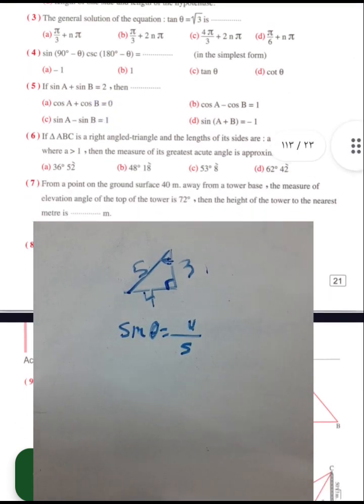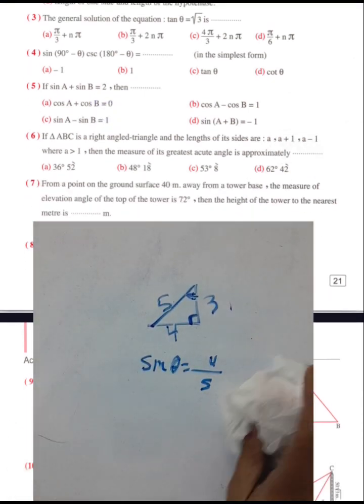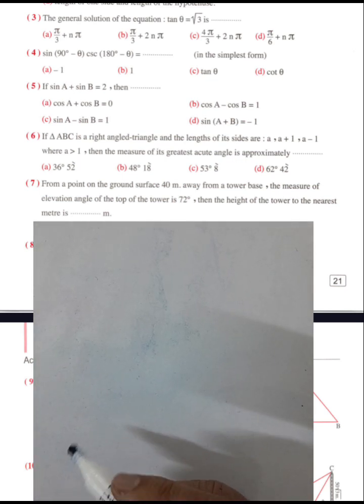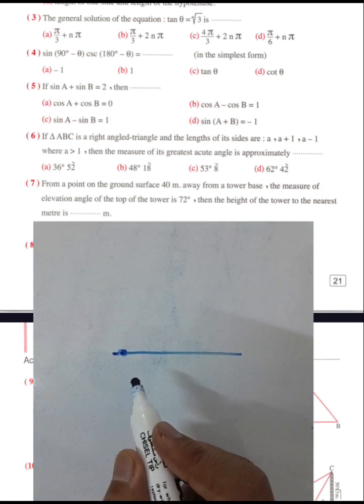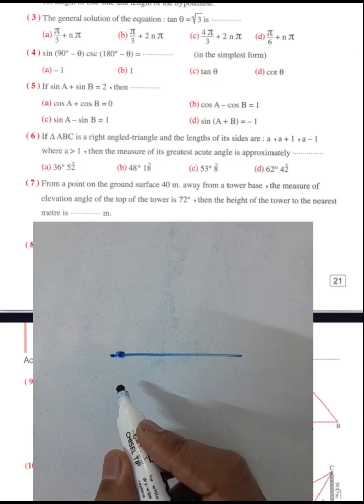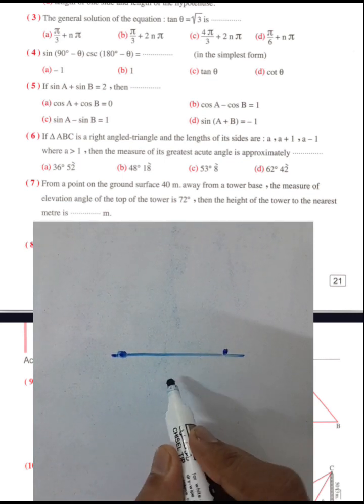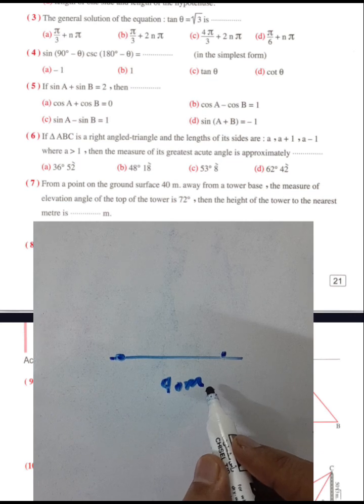Question 7. From a point on the ground 40 meters away from a tower base, the measure of the elevation angle of the top of the tower is 72 degrees. Then the height of the tower to the nearest meter equals what? We will draw here the point on the ground, 40 meters away from the tower base.